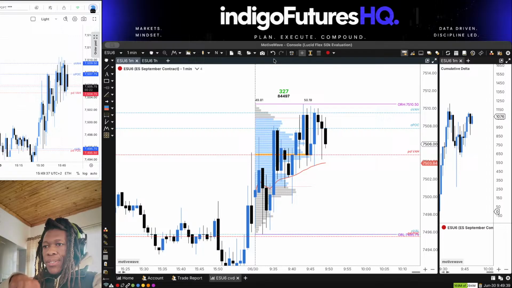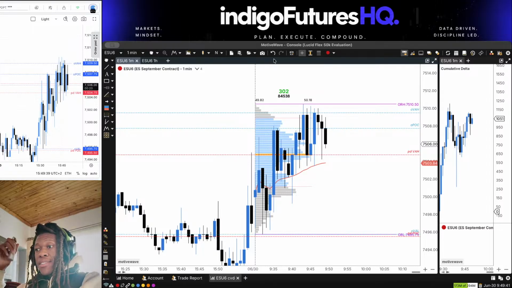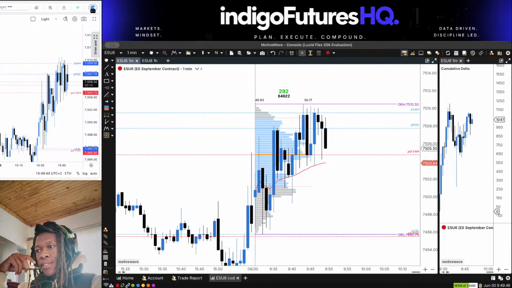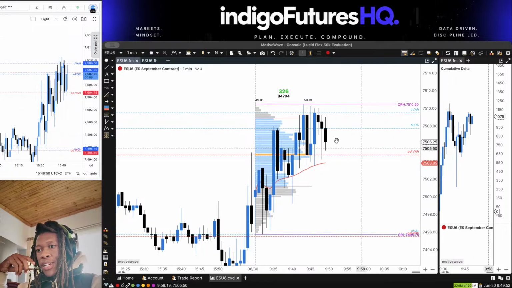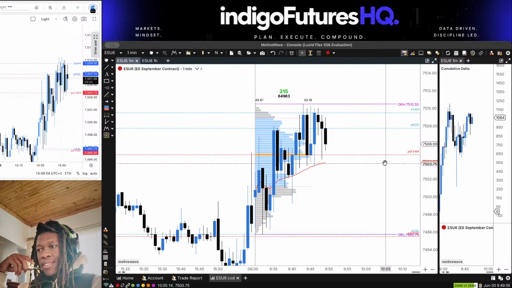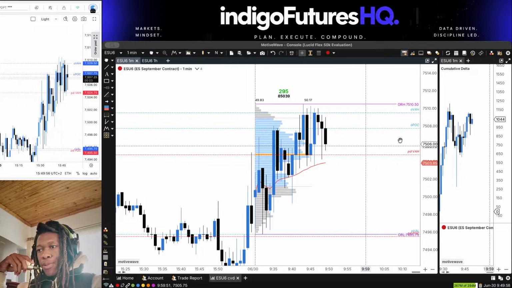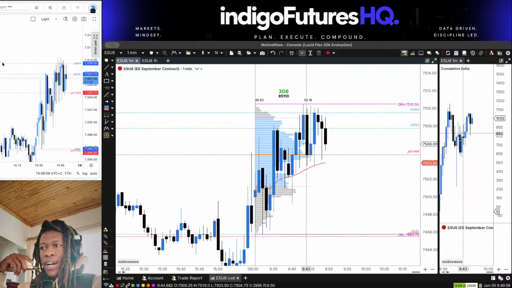Also, CVD is picking up, but price isn't. You see that? On the right, cumulative delta, 1063, 1061 over here. That's pushing up, but look at this. Sellers are pushing this lower, but the CVD is going higher.